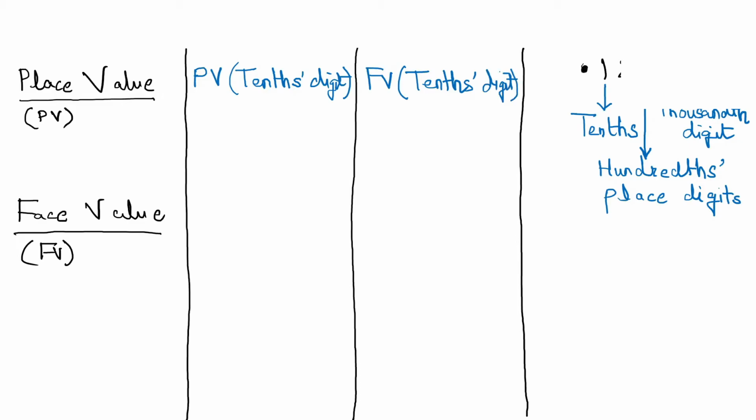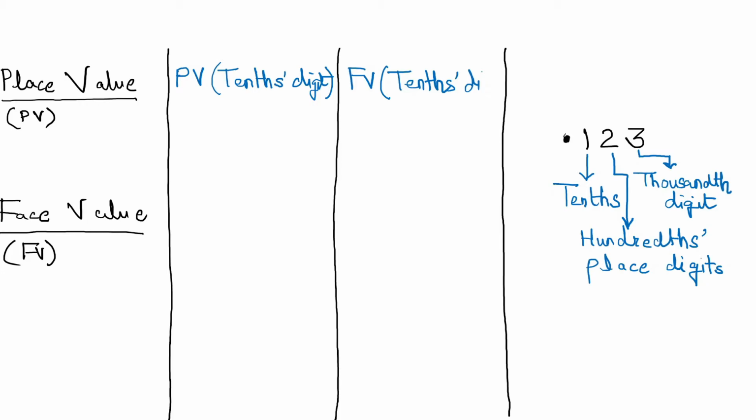So let us start off this discussion with the help of the face value. So we have taken a number here as a non-integer, which is a decimal followed by 1, 2, 3. So the very first digit that we have taken after the decimal point, we call it the tenths placed digit.